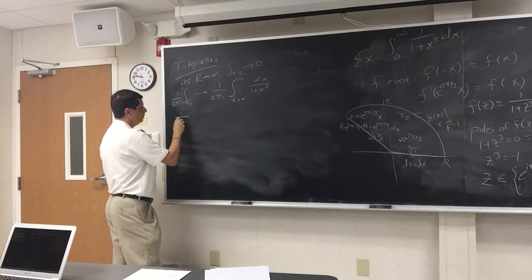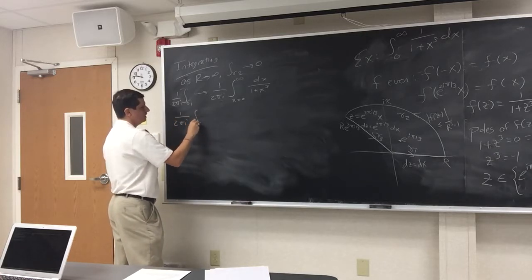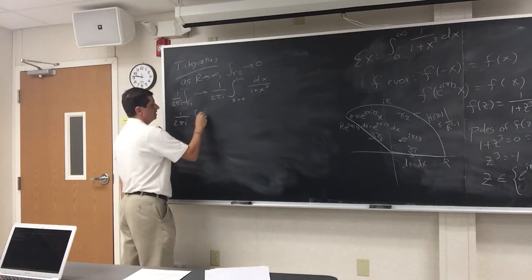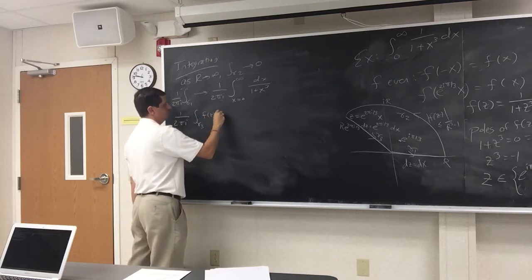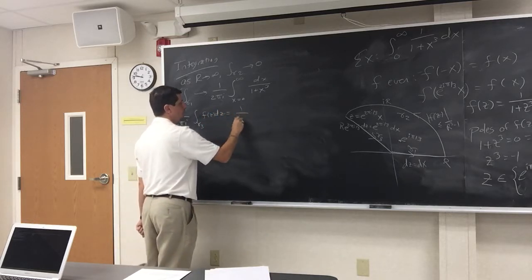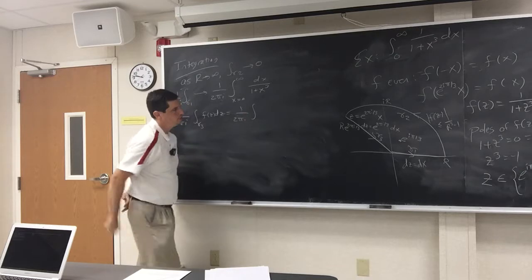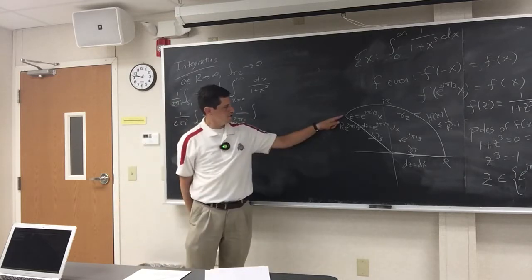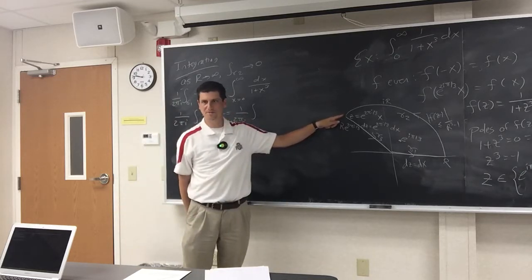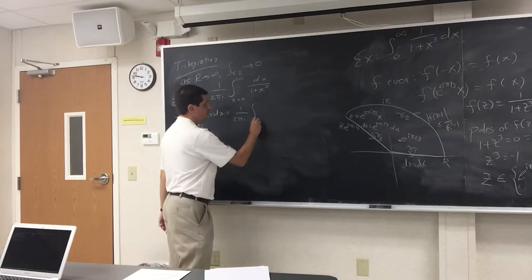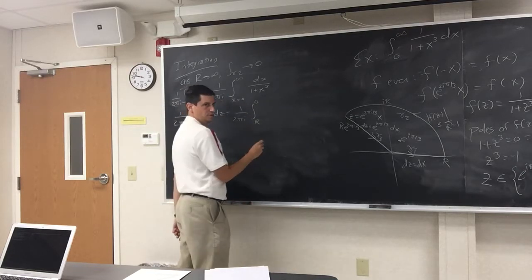The other one, 1 over 2 pi i, integral over gamma 3, f of z dz. This is 1 over 2 pi i, integral, what's the initial value of x? r. So you go from r to 0.